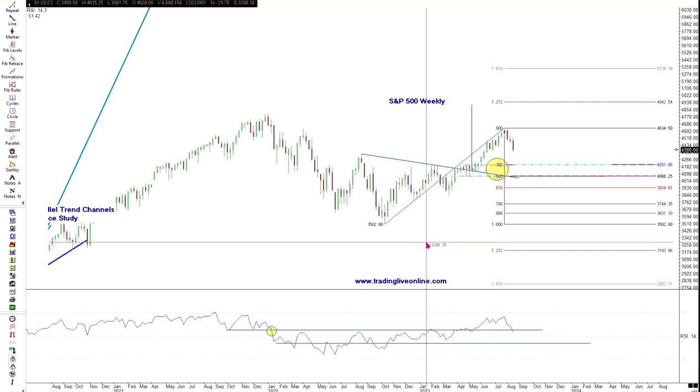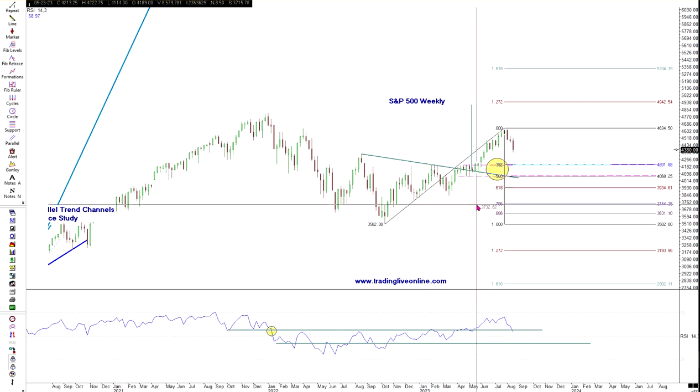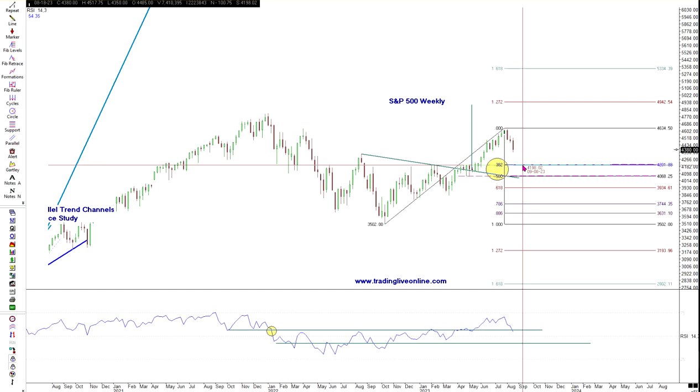When you're monitoring your support or resistance levels, we never know what price is going to do, but we can monitor how price reacts to those levels. In other words, if price starts to slow down around these levels on smaller time frames, most likely we'll be seeing some type of buy patterns forming.